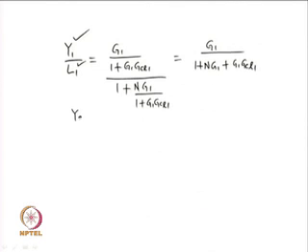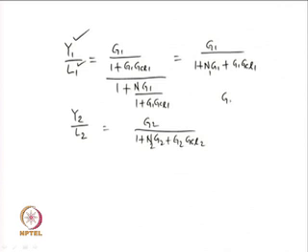Similarly, I can find the transfer function y2/L2 to be of the form G2/(1 + N2 G2 + G2 G_CL2). So, what are G1 and G2 here?